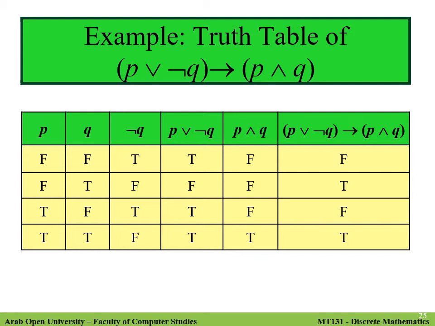And then your compound statement is taking the column for P or not Q, implies the next column, which is P and Q. Here, for this last statement, true implies true is true, false implies false is true, true implies false is false, and true implies true is true. This last column is the truth value for the compound statement we started with. This is a statement that uses the implication.